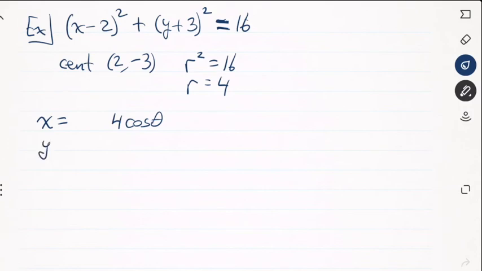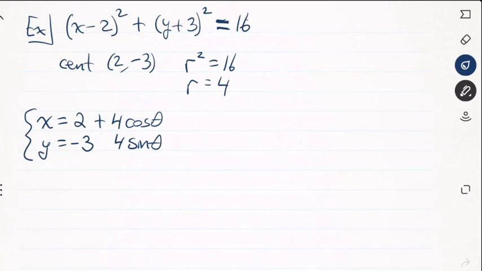And the same thing with the sine, I would write it as 4 sine of theta. So if this was my parameter, then this would be a circle centered at the origin with a radius of 4. Now I want to move the x-coordinate 2 units, so I'm going to go 2 plus 4 cosine of theta. And I want to go down 3 for the y-coordinate to start off with. So that would move my center of my circle to 2, negative 3.